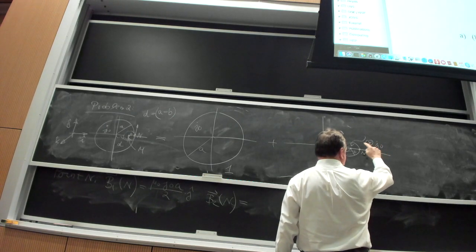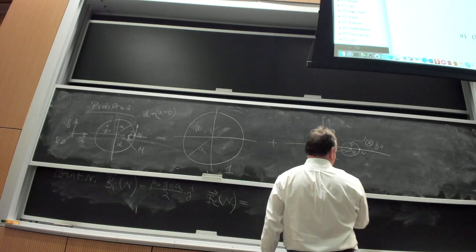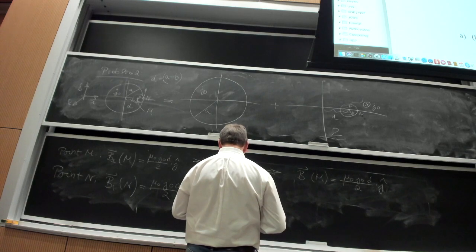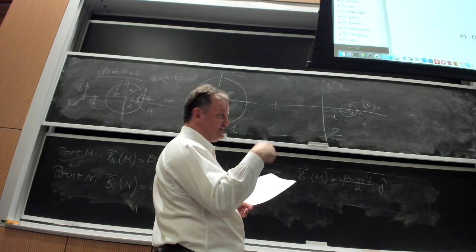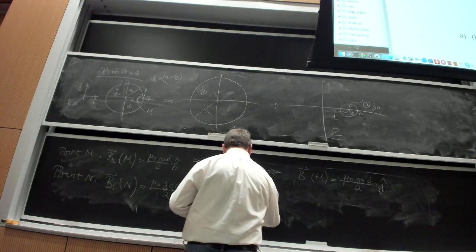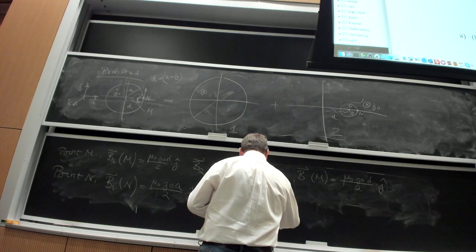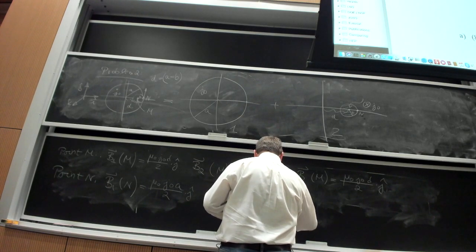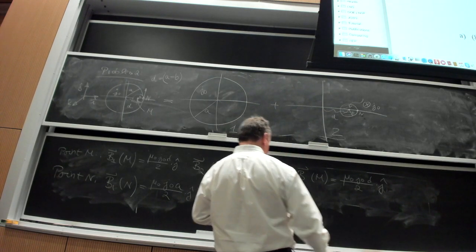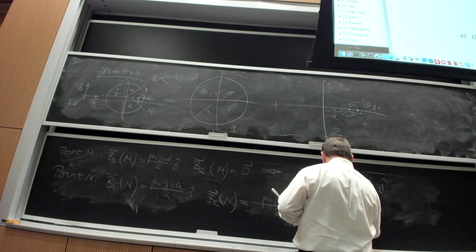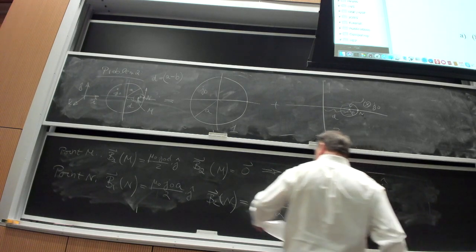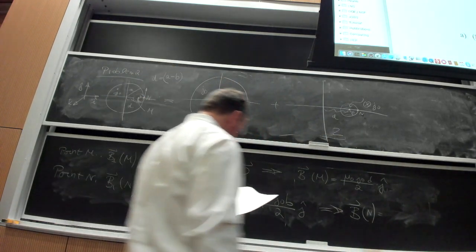So you have to now keep track a little bit of the signs and that radius. So if you compare this to your result from before, but now the magnetic field is going into the plane. The current is not coming out of the plane, the current density is going into the plane. Then you have here minus mu naught J naught B divided by 2 times unit vector J. And therefore, the overall magnetic field B at point N is the superposition of these two here.